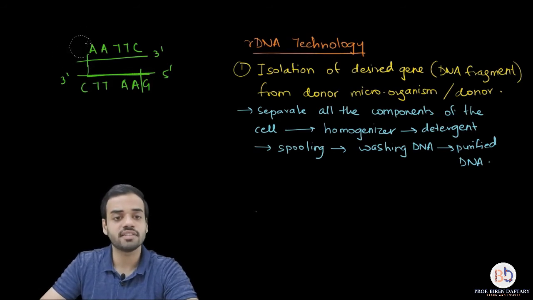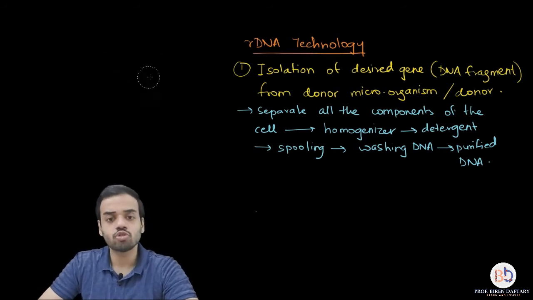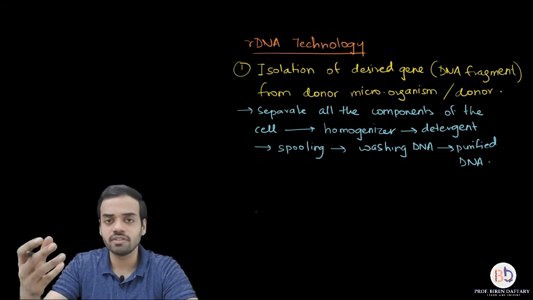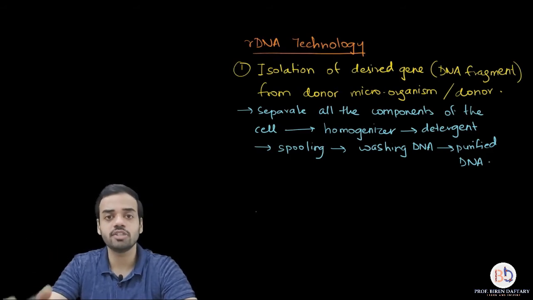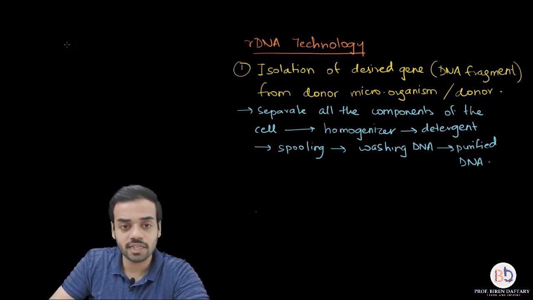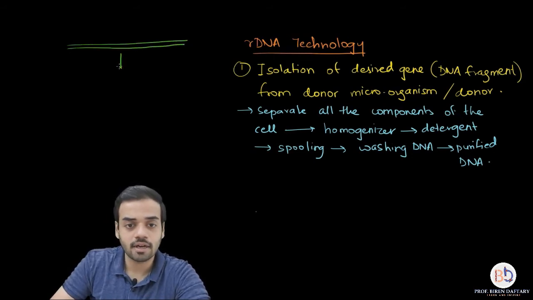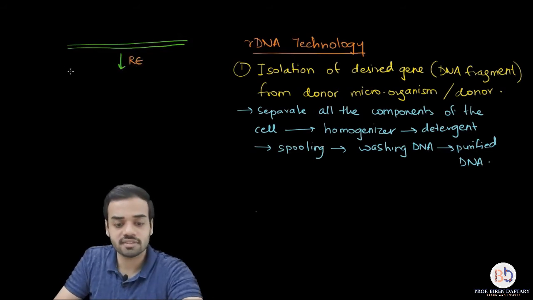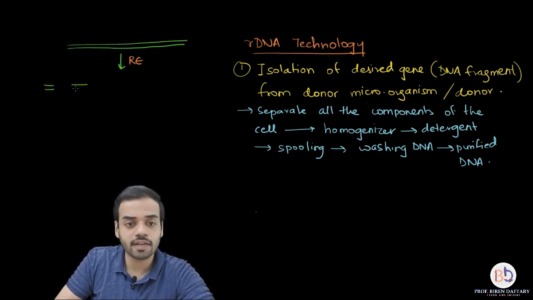Is this clear? So this is how EcoR1 cuts. Similarly, different restriction enzymes will recognize different sites. So what we will be doing is, we have got the DNA, we will add a suitable restriction enzyme to that. There are many restriction enzymes, and that restriction enzyme is going to break the DNA. So suppose this is your entire double-stranded DNA, then after using restriction endonucleases, your DNA will be divided into many fragments.